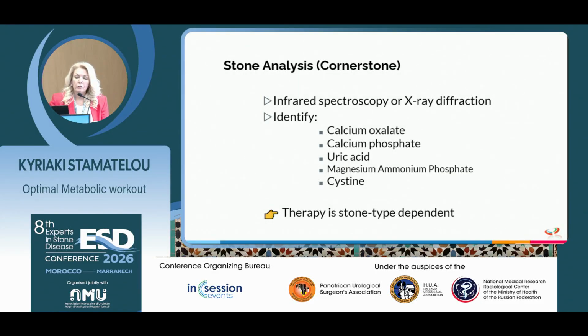And what about stone analysis? If available, or wherever available, stone analysis could be the cornerstone of treatment. We should be able to examine the stone appropriately, which means infrared spectroscopy or X-ray diffraction, and we should be able to identify its components, not just the chemical values.